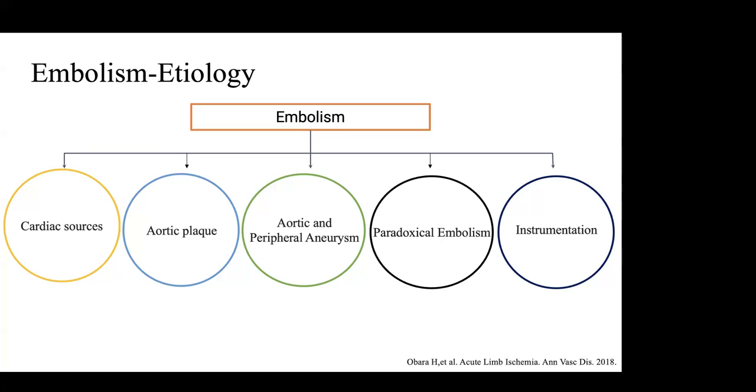The etiology for embolism being cardiac sources. This is one of the most common sources for lower extremity emboli, which accounts for around 55 to 85% of the events. The main source of the embolism from the heart is within the cardiac chambers. This can usually come from the left atrium, usually associated with atrial fibrillation.